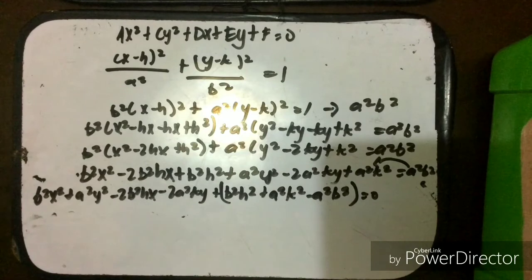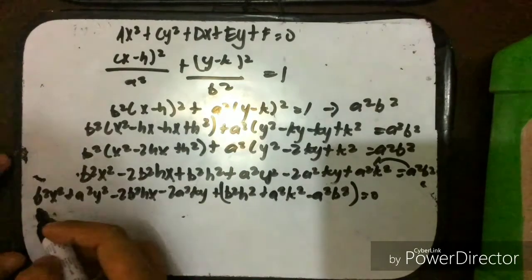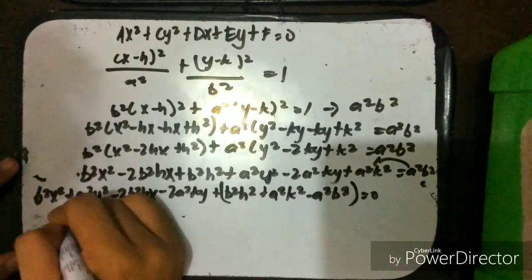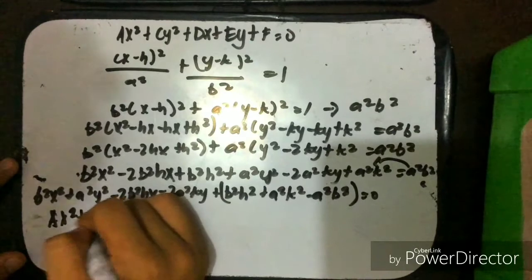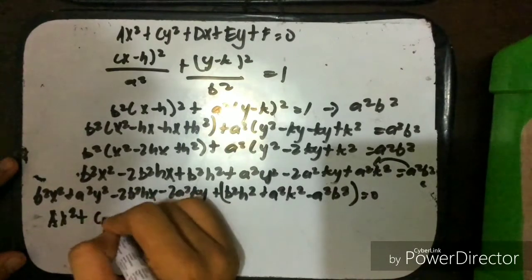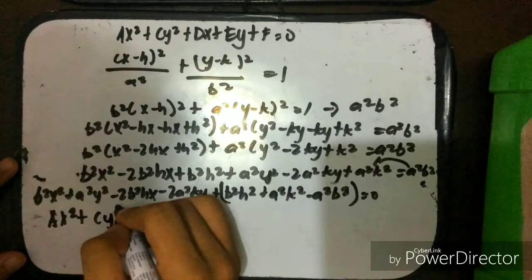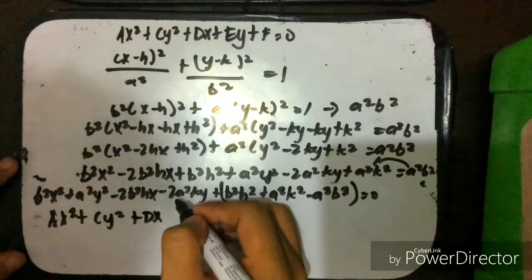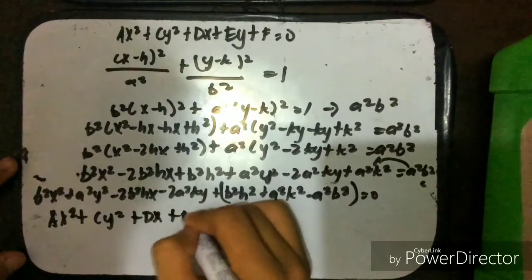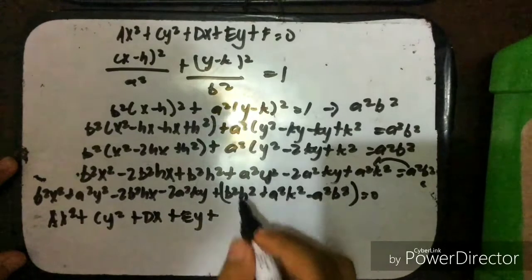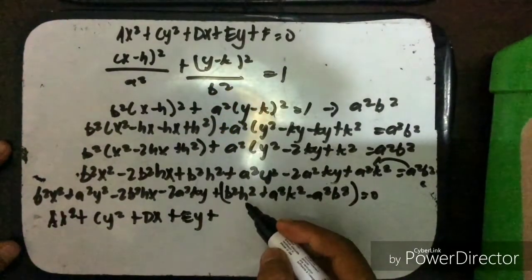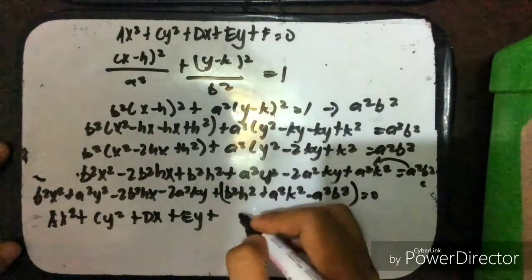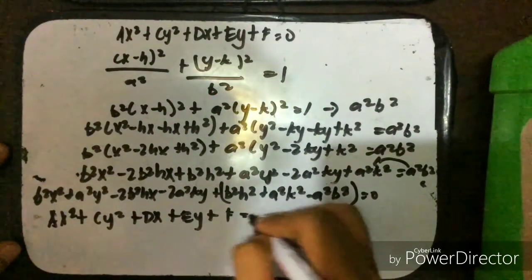After you arrange the similar terms, let this coefficient b squared be your a, and let your a squared be your c, let your negative 2b squared h be your d, and let your negative 2a squared k be your e, and let your b squared h squared plus a squared k squared minus a squared b squared be your f as the constant.